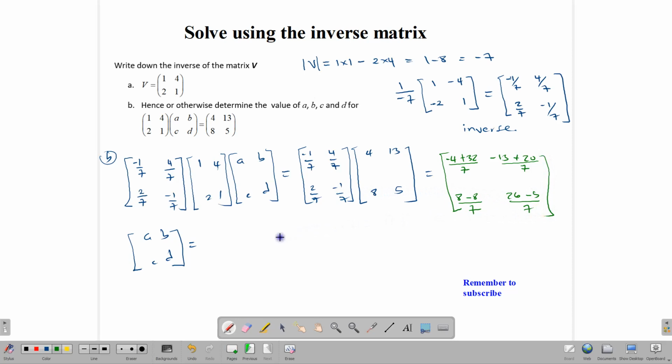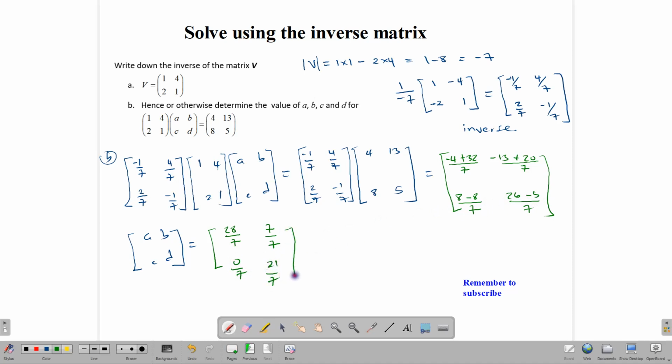So what do we get then? When we compare all of this, let's look at what it says. Negative 4 plus 32 gives us 28. 20 here minus 13 gives us 7. 8 take away 8 gives us 0. And 26 take away 5 gives us 21.